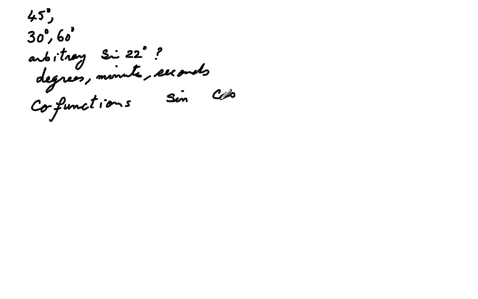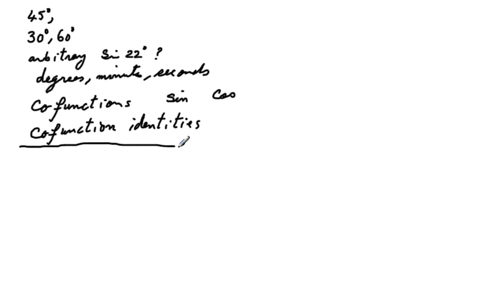And this pair of functions are referred to as cofunctions. We have three pairs of cofunctions that we talk about, and we are going to talk about cofunction identities. So that's the plan for the lecture for this hour. Let's see how much of it we can cover.